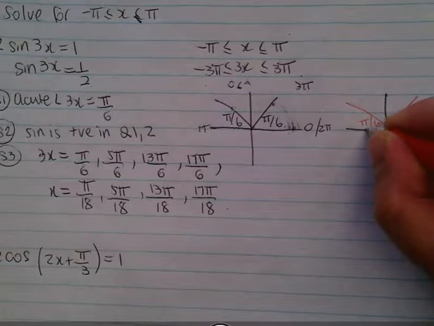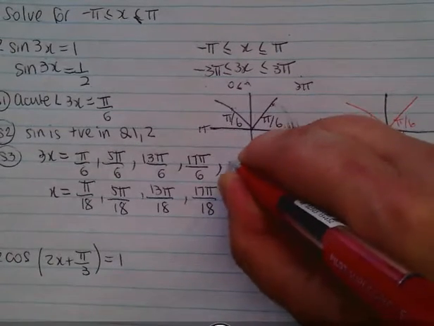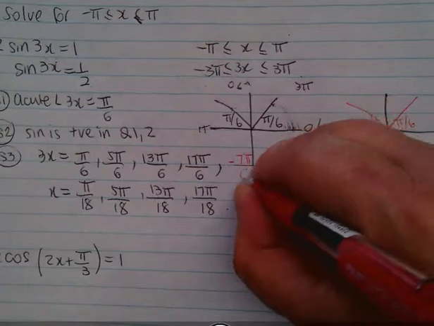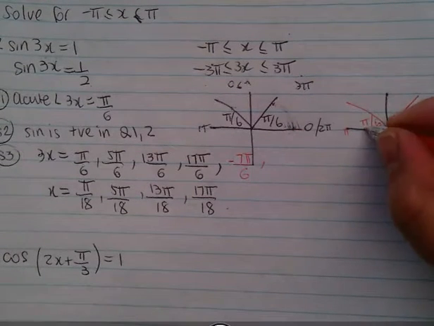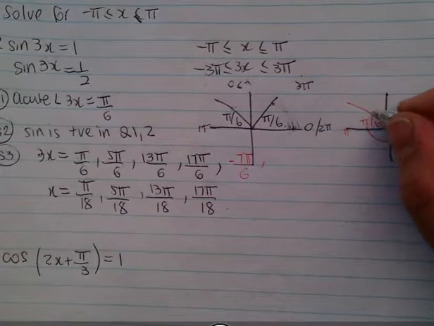So that's negative 1 pi, so negative 1 1/6. Now that would be negative 7 pi on 6, because 6 pi on 6 is 1. So negative 1 minus a sixth, so that's negative 1 1/6.